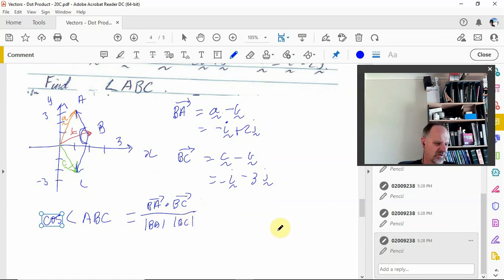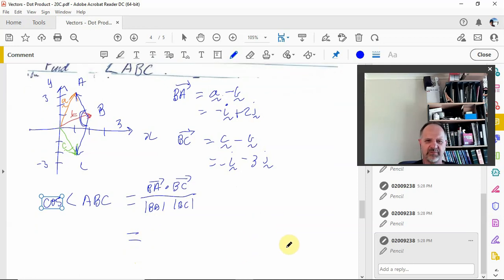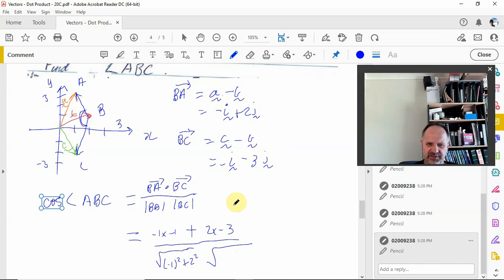So BA dot BC: we've got our negative 1 times our negative 1 plus the j's, 2 times negative 3, over the magnitude of BA, which is negative 1 squared plus 2 squared, and the magnitude of BC, which is negative 1 squared plus negative 3 squared.